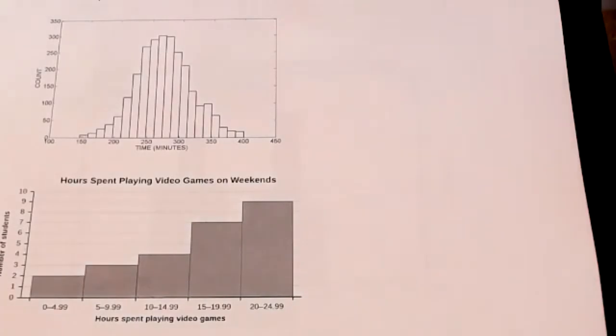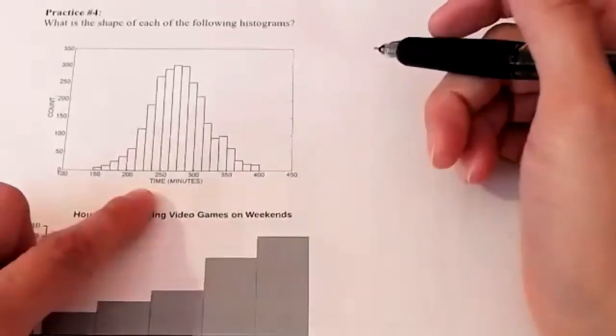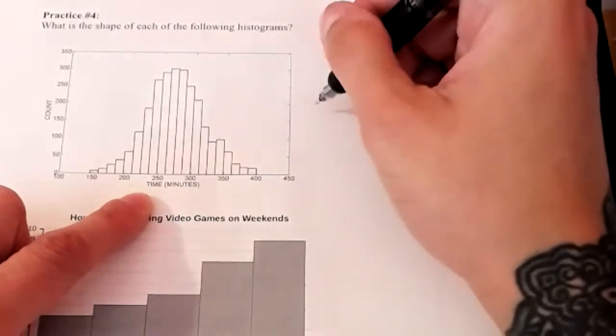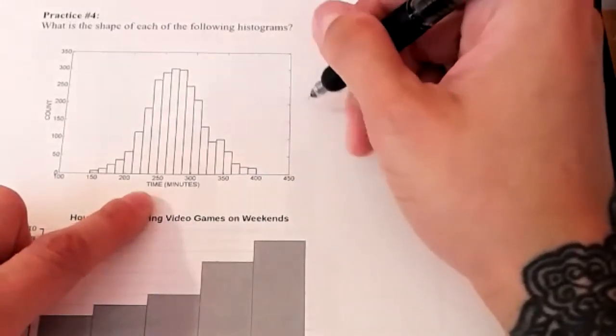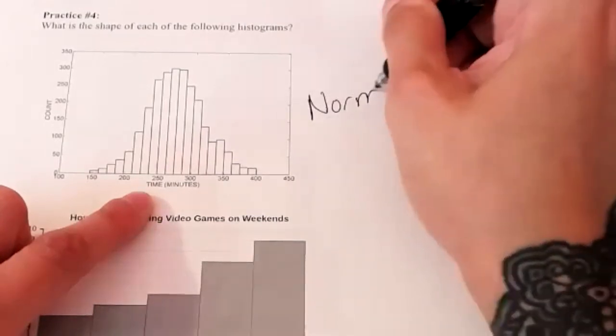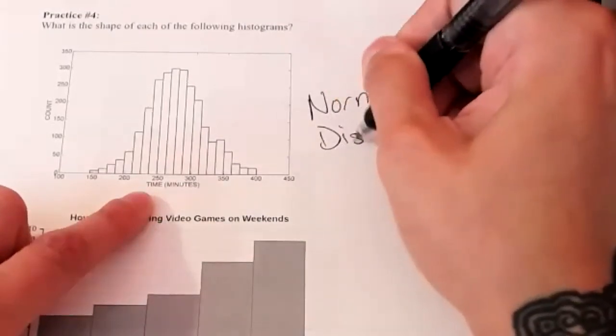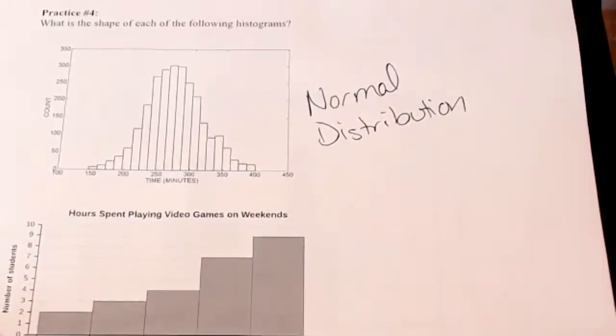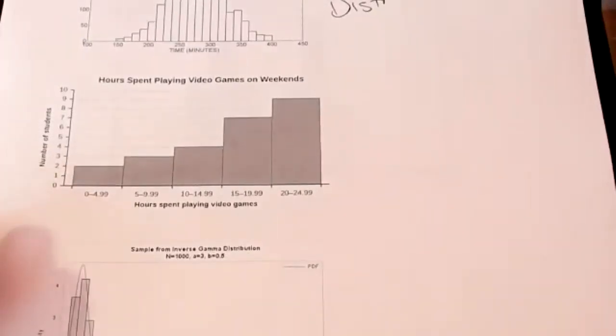Let's label these. Take a look at that first visual. What kind of distribution do we have here? Shout it out. What's your vote? A normal distribution? Normal bell distribution. Yeah, normal distribution. This second one, hours spent playing video games on weekends.